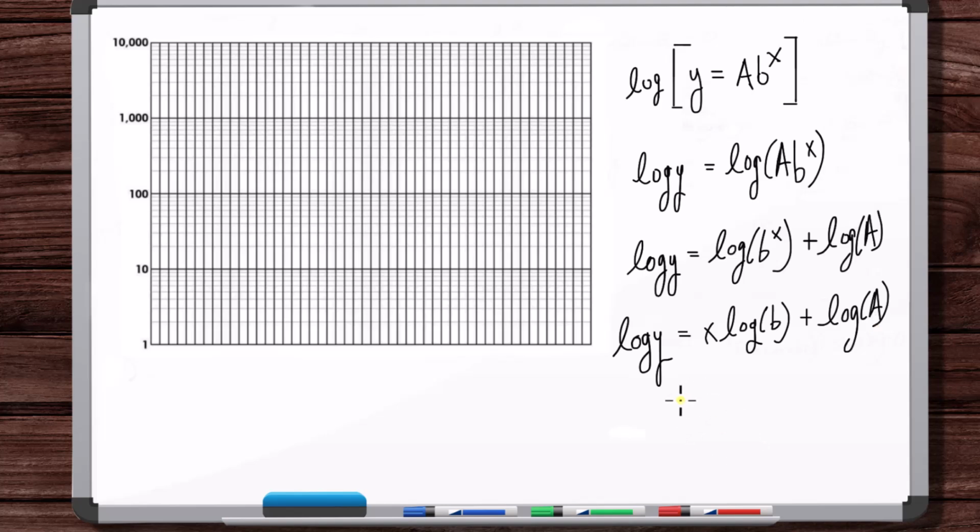So now you can see here, if we plotted log of y versus x on a linear scale, this is going to be a line, with slope log of b and y-intercept log of a. That would be a line, and so that's why if you had a log scale with the vertical scale being a log scale and the horizontal scale being linear, an exponential comes out as a line.